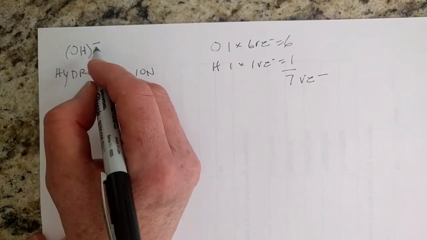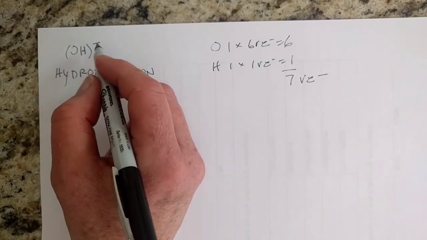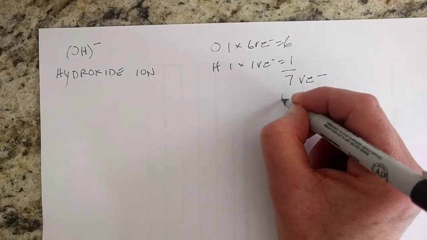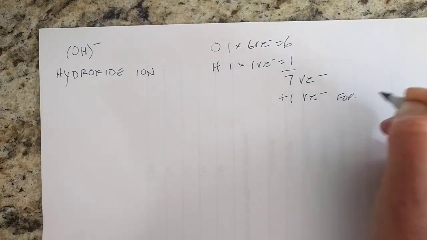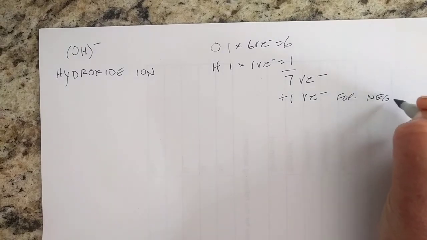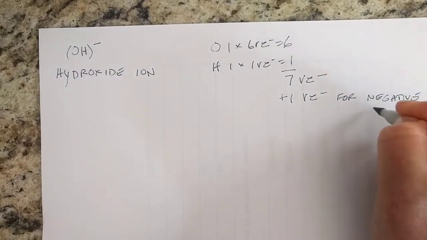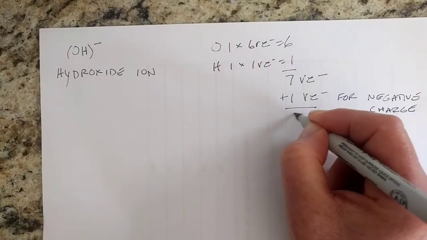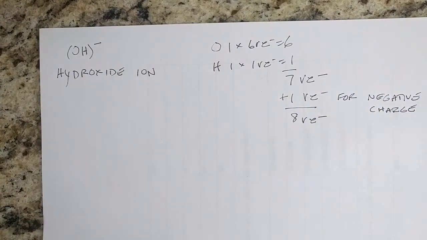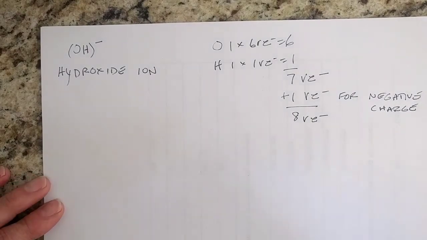It's minus because the group gained 1 electron. So we add 1 valence electron for the negative charge. So we have a total of 8 valence electrons for our ion.